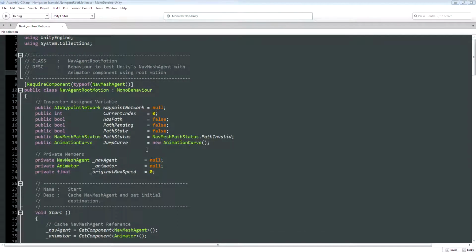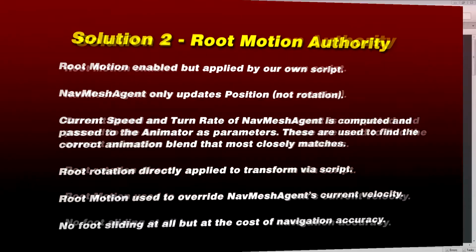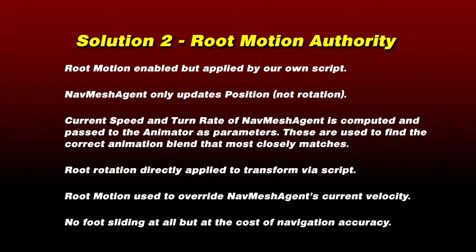So we've now investigated option 1, where the NavMesh agent has total authority over the transform of the game object. And while at times it looked fine, there were also times when it looked like, let's face it, a load of crap. So let's now investigate option 2, which is to enable the root motion in the animator, and then use that root motion data to set the velocity of the NavMesh agent each frame.